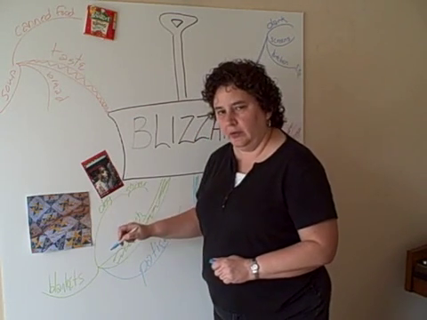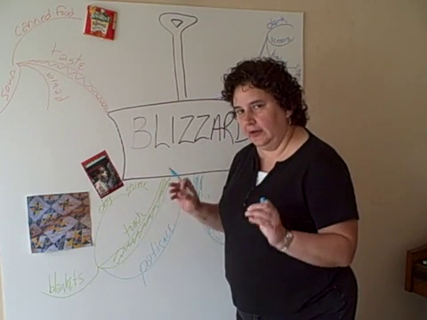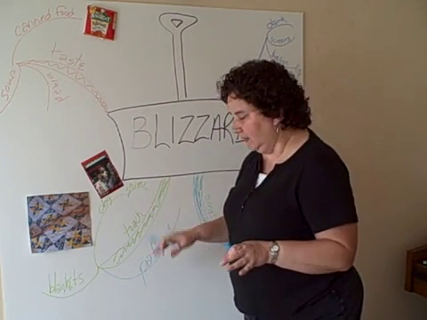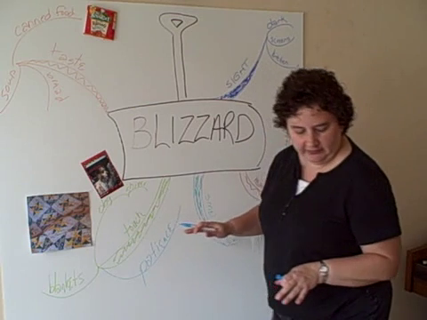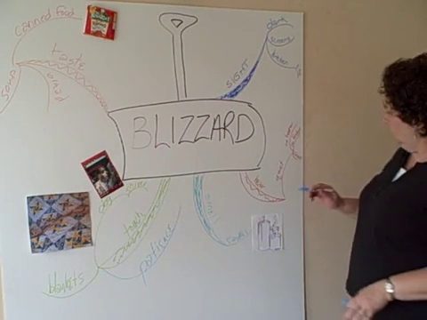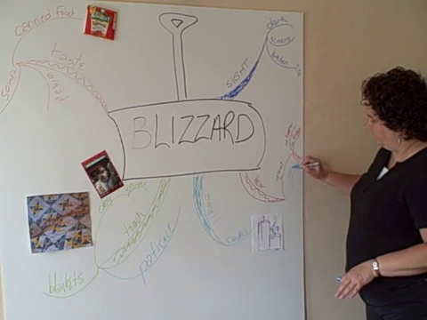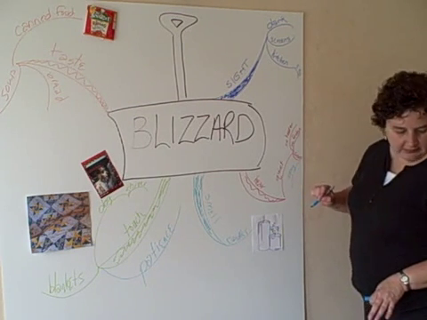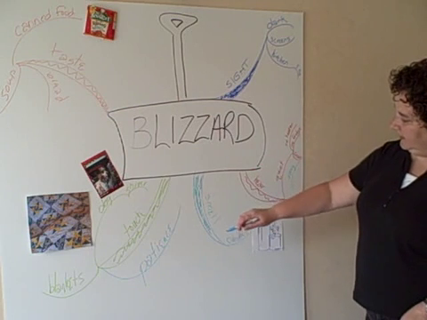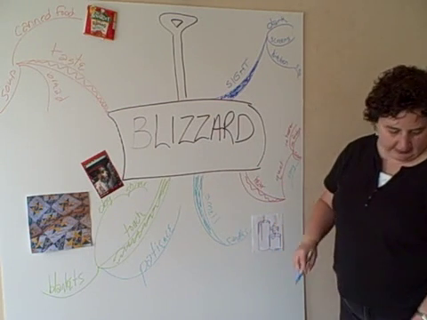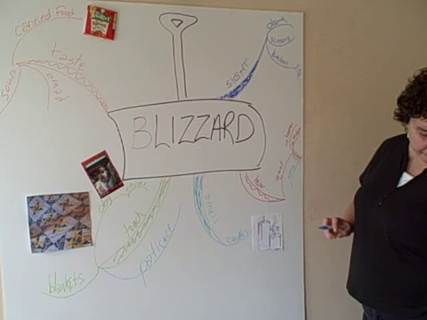Because I was freezing cold, my fingers were cold, and I knew sooner or later that heat was going to come back on. I just have to be patient. The other thing was, these sirens over here, scary. Very scary. So you notice I'm putting them in the same color.